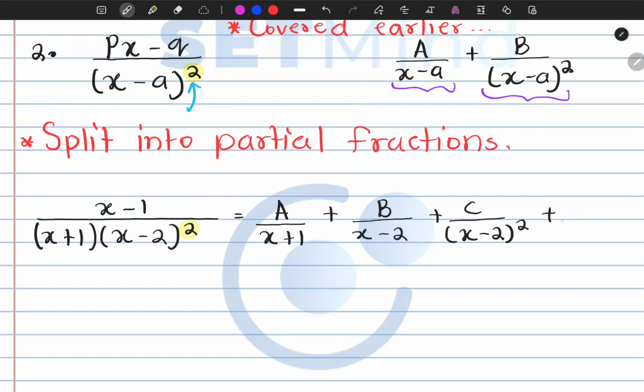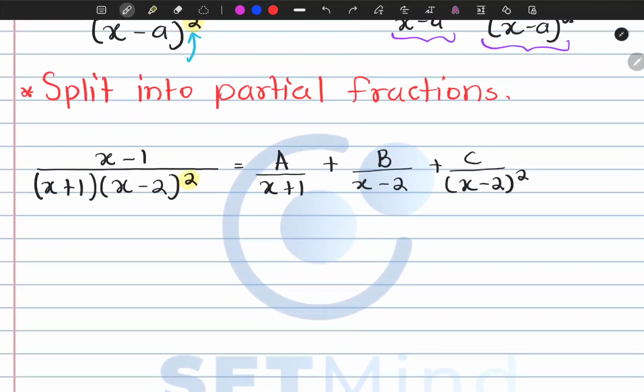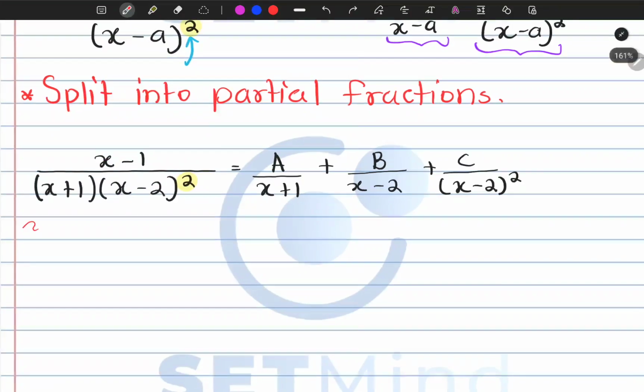If it was a cube, I would say plus d divided by x minus 2 cubed. So we increase 1 by 1 until we get to the highest power. In this case, it was just a 2. Then now we need to go and solve this. And remember that once you write your fraction into its partial forms, all you do afterwards is multiply by the common denominator.